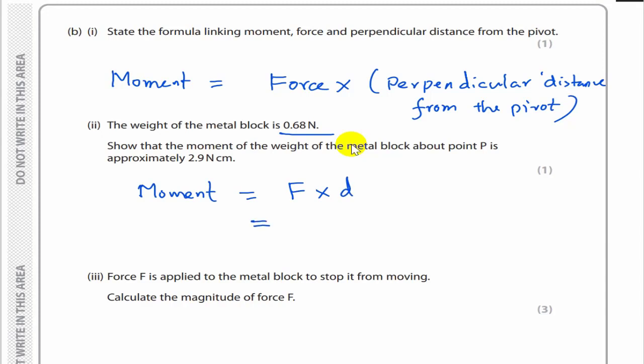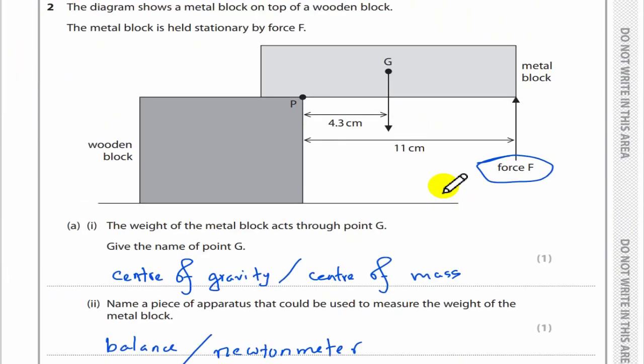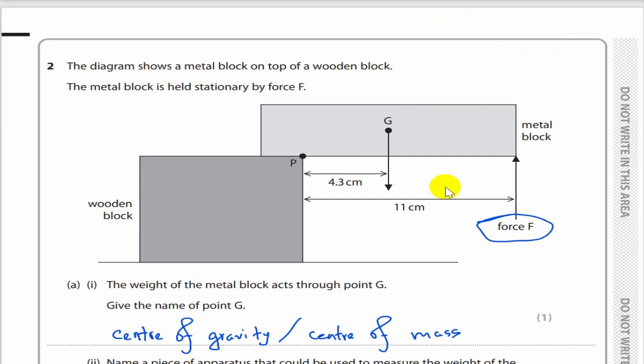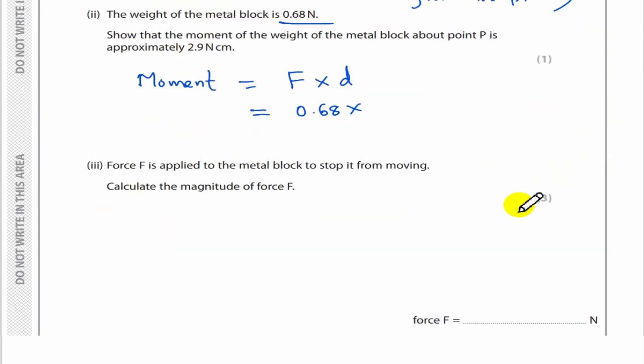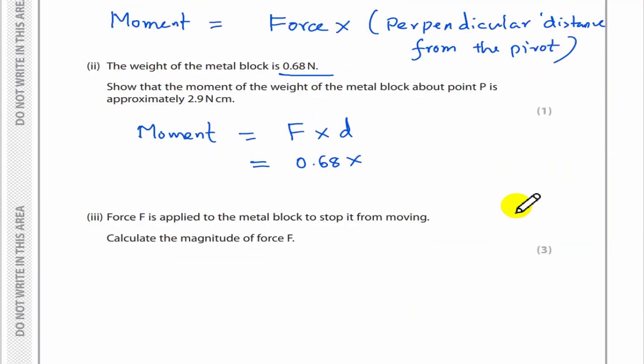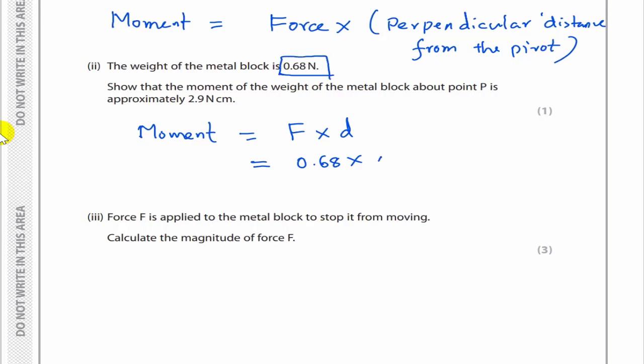Here force is 0.68 and the perpendicular distance is from the pivot. Look at the diagram. The weight force acts downwards and produces a clockwise moment. So the clockwise moment is due to the weight of the block. The force is 0.68 Newton and the distance is 4.36.